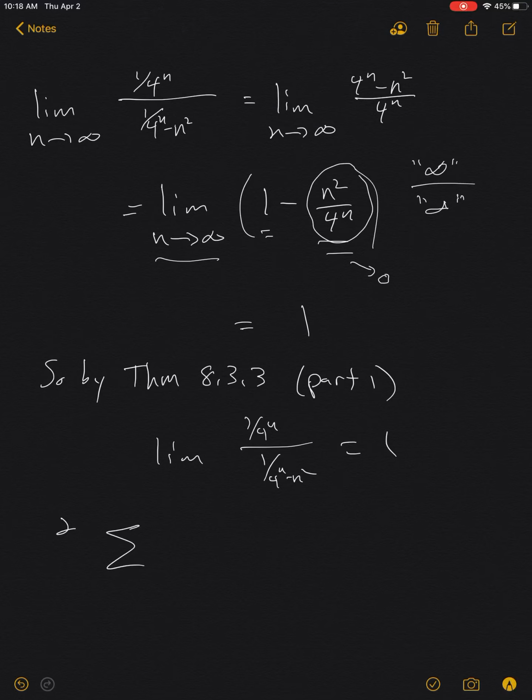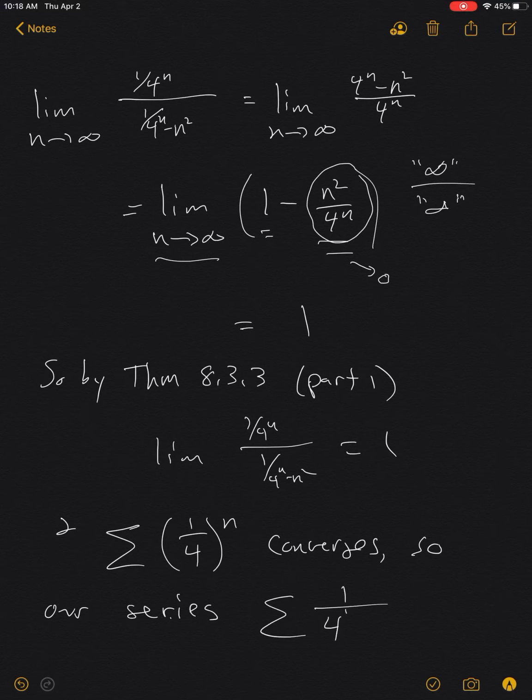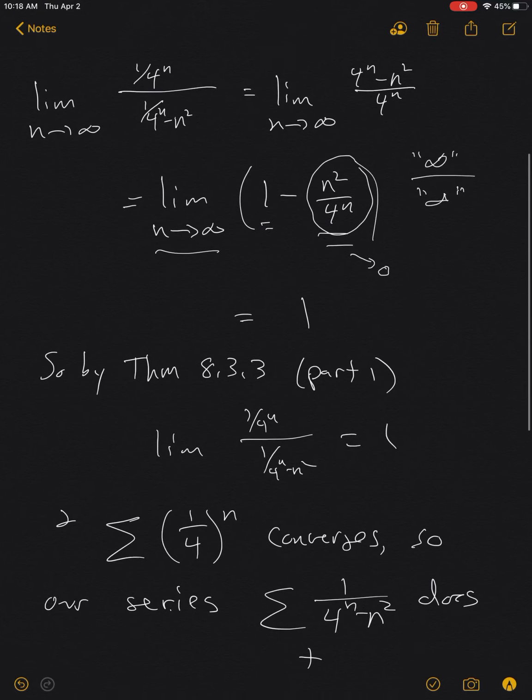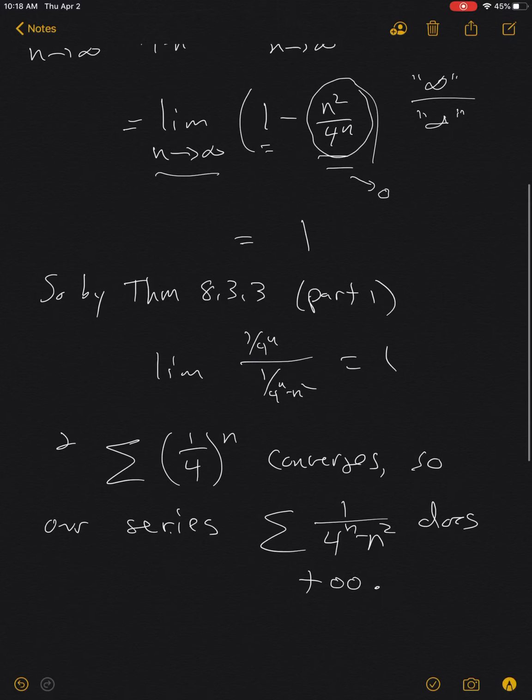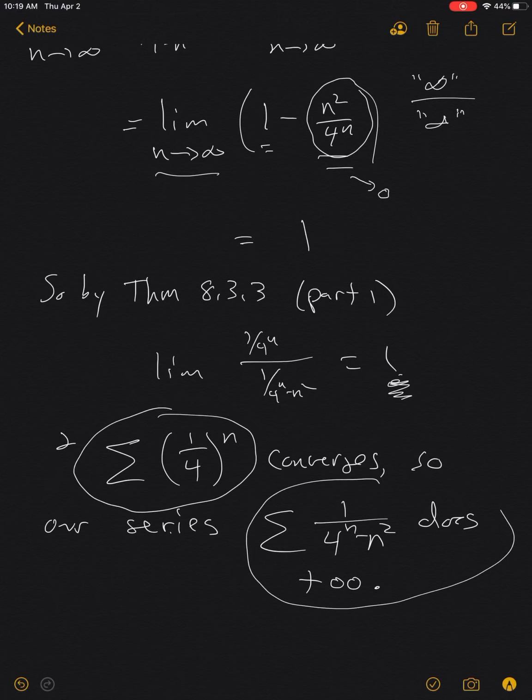So since the series 1 over 4 to the n converges, so ours does too. They have the same convergent or divergent behavior if the limit is equal to a finite positive value. And so since the geometric series converges, our series converges too.